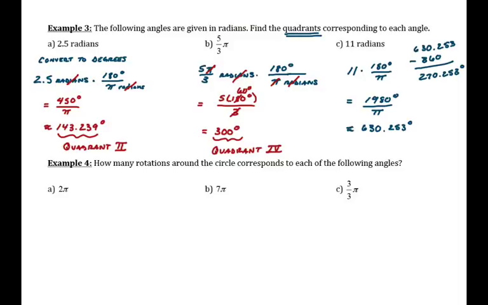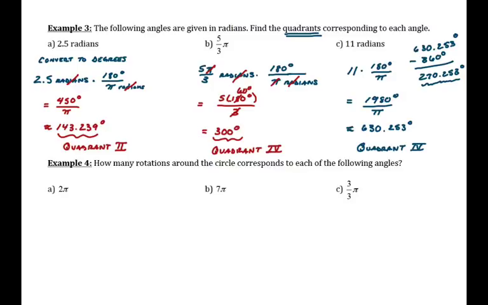And if you remember, 270 is exactly on the line between quadrant 3 and quadrant 4, which means if I go slightly past 270 to 270.253, that would put me in quadrant 4 just ever so slightly. So if you ever come up with a conversion and you get an angle that's more than one revolution, it might be a good idea to figure out how far past one revolution it is, so that you get an idea of where that angle would be located on the unit circle.